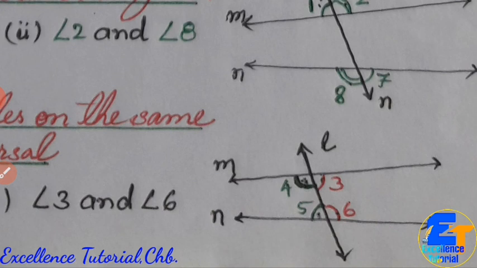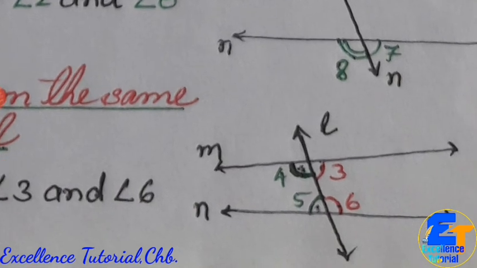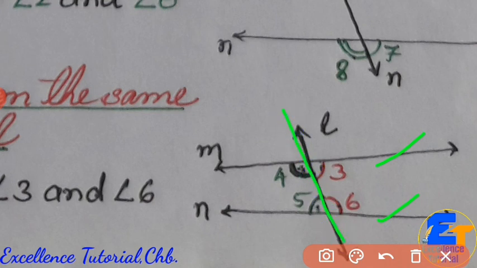So see, how can we identify the interior angles on the same side of the transversal for this figure? Suppose these are two straight lines M and N, and the third line L is the transversal. How will you identify the interior angles on the same side of the transversal?